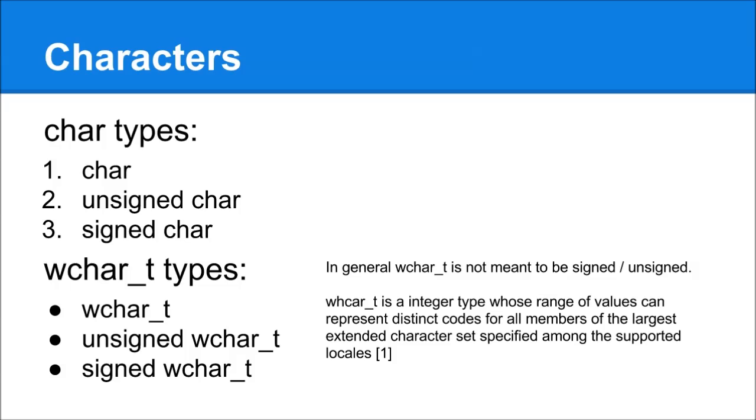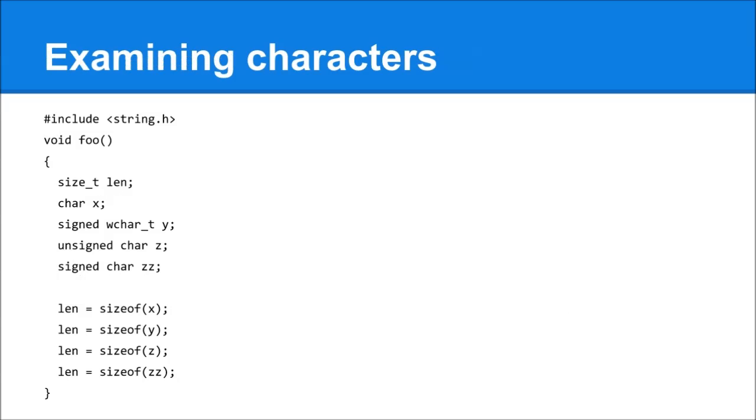There will always be 1 byte. WCHAR types differ, and also I should note that in general, wchar, which means wide character, is not meant to be signed or unsigned. And we'll talk about data signedness, I think, in the next lecture. There may be some references to it in this one. I forget. It's been a lot of slides putting together all this.